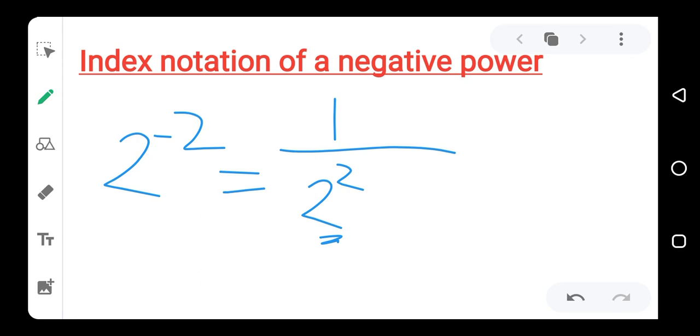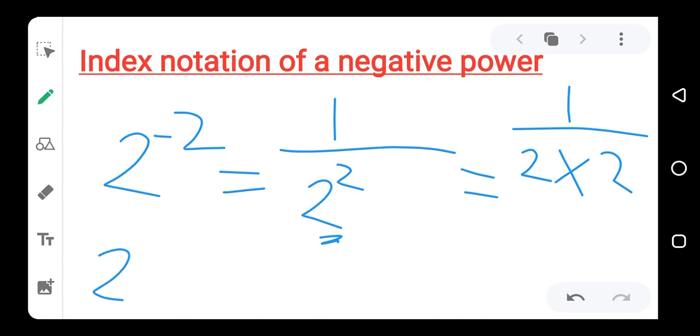Now we can do the expanded form of this, which is equal to 1 over 2 raised to power 2, the expanded form of it is 2 times 2. So the expanded form of 2 raised to power minus 2 is equal to 1 over 2 times 2. So this is the answer.